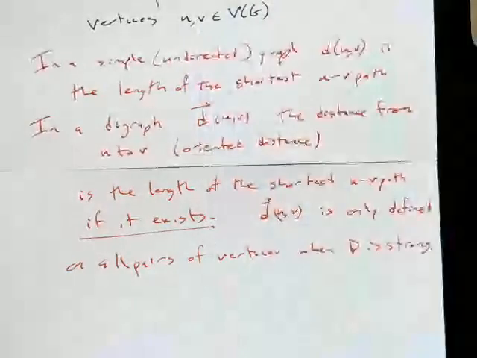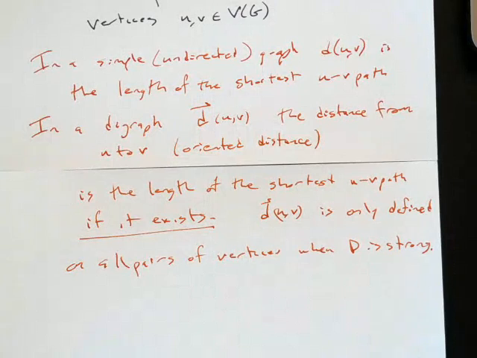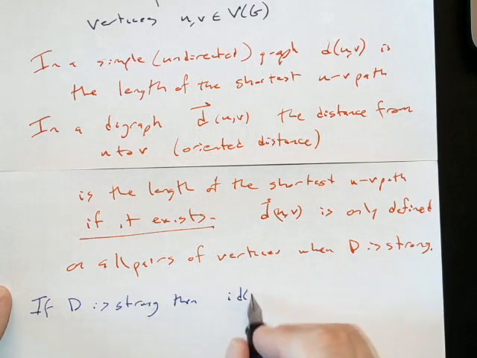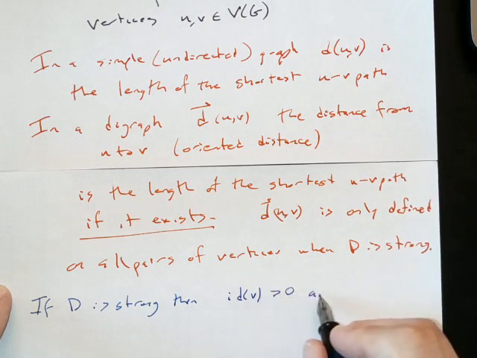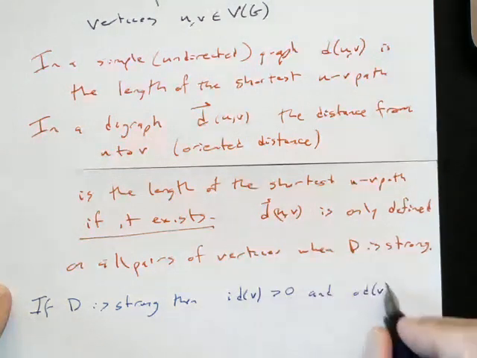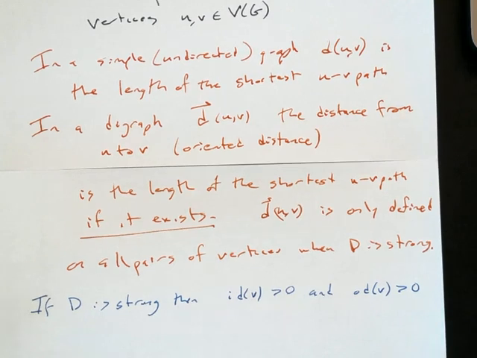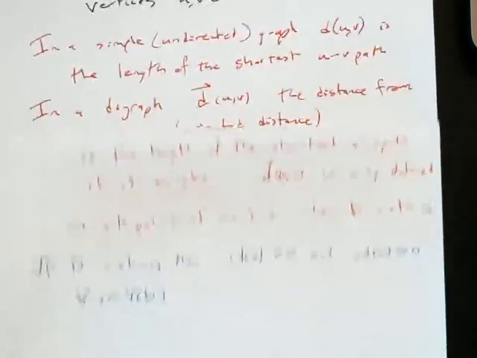So if D is strong, then in degree of V is positive and out degree of V is positive, for all V. Now that is a one-way sentence.